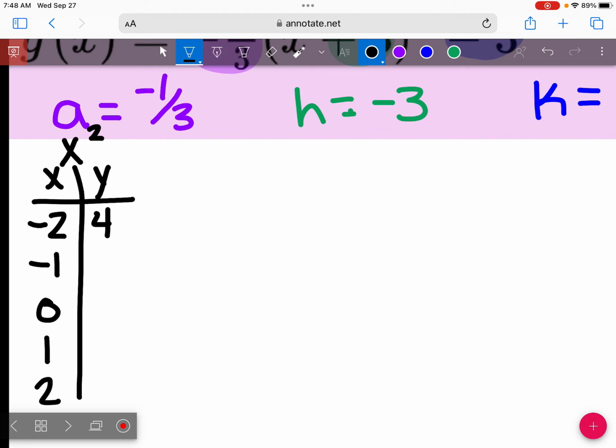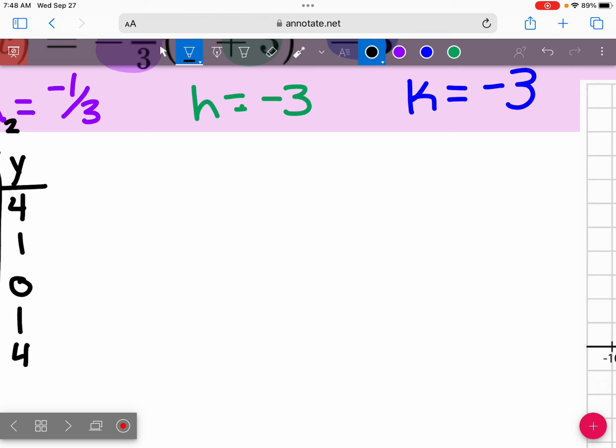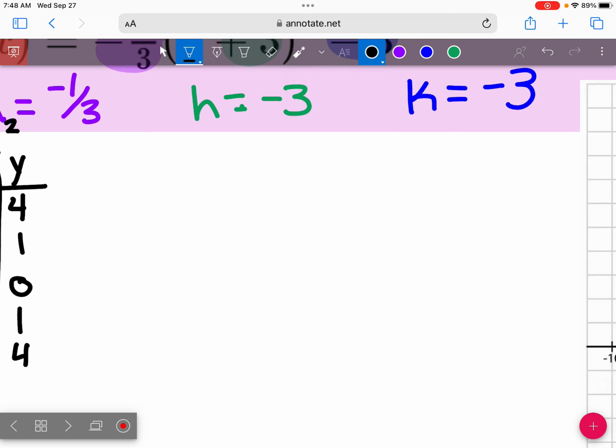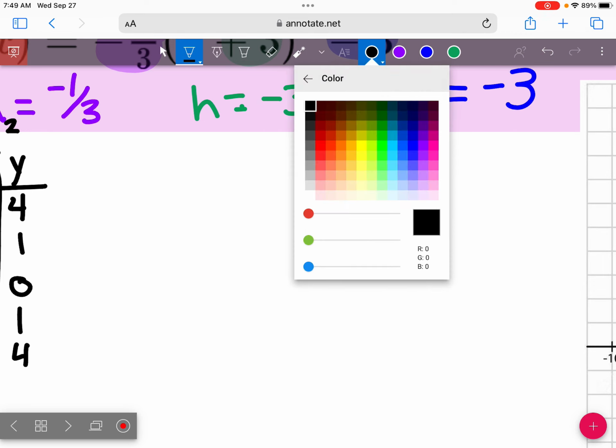That's giving us 4, 1, 0, 1, and 4. So we're going to do our transformations. The parent table is not going to change. For a quadratic, that's the parent table for now, forever, and for always.